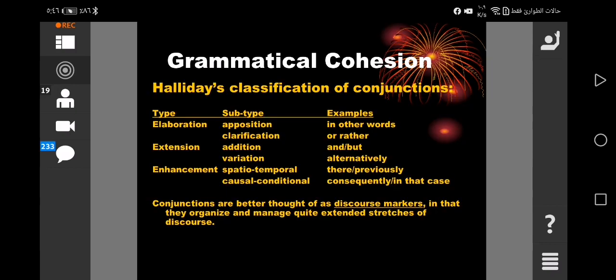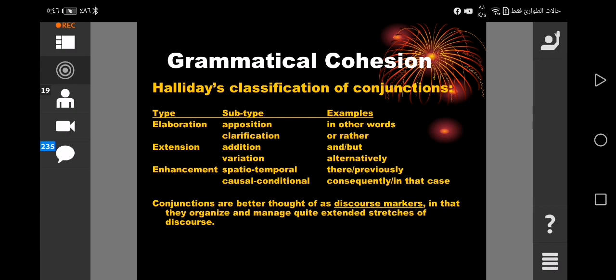And this is the classification of conjunctions by Michael Halliday. There are three types of conjunctions, or three functions: elaboration, extension, and enhancement.